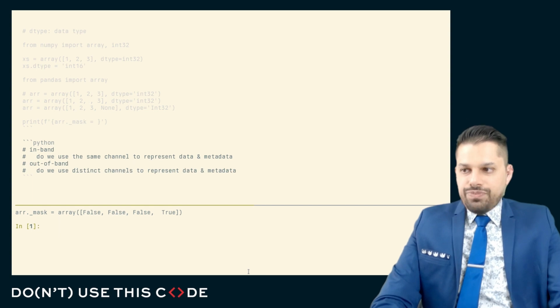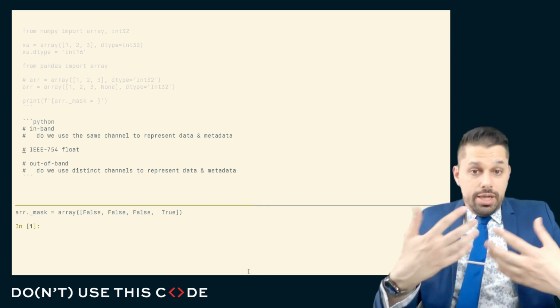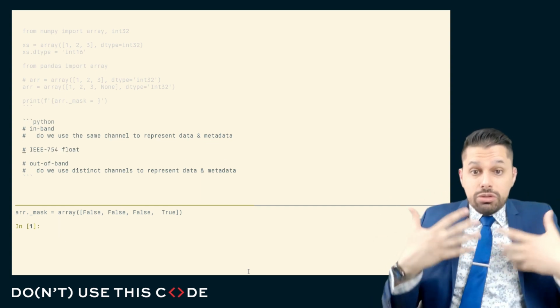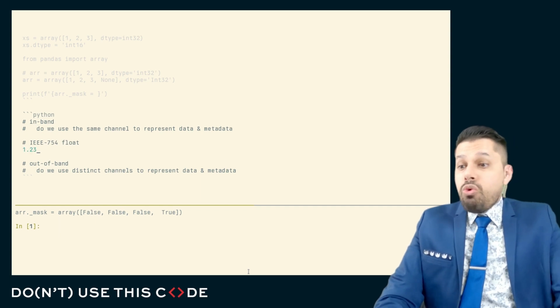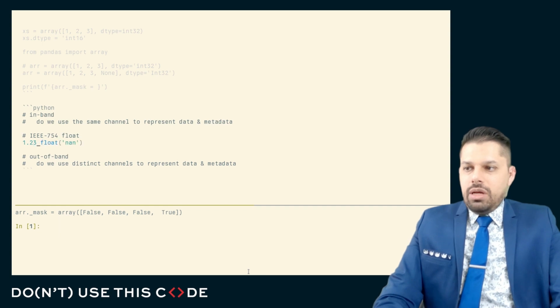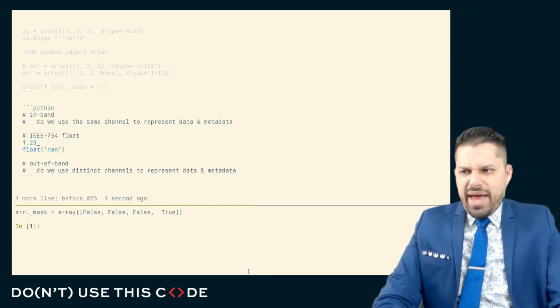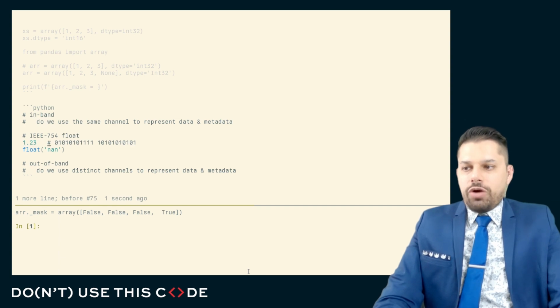Well, if you think about it, the IEEE 754 double precision floating point standard, so IEEE 754 float, is basically an in-band encoding of either some data, some numeric value, or some metadata, some erroneous case, like a float NaN. And if you think about the bit patterns here, I don't know that I can give you the bit pattern for 1.23 off the top of my head, but you can imagine there's some bit pattern. I'll just put something here just off the top of my head. And then there's some bit patterns that are carved out of this for, and imagine this continues on for 64 bits.